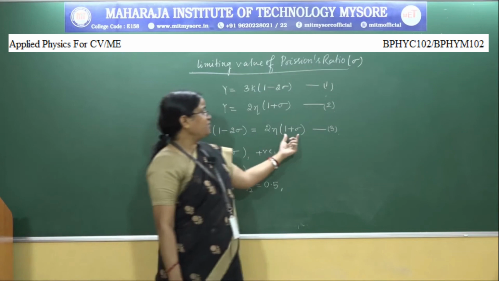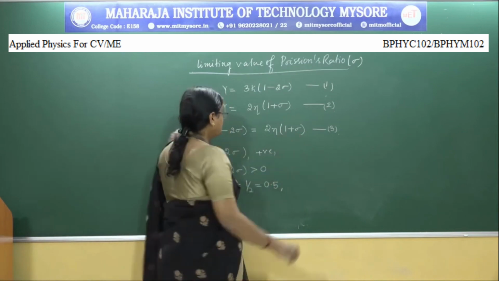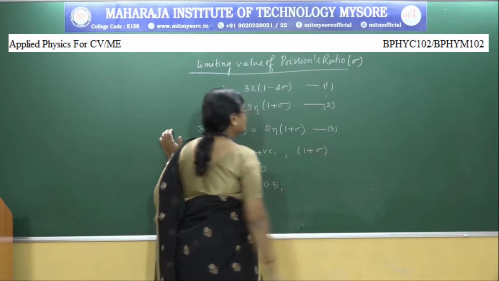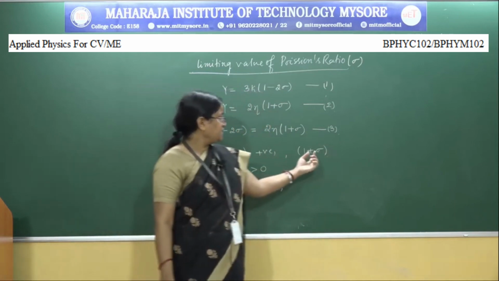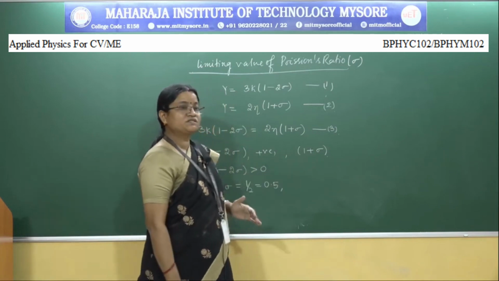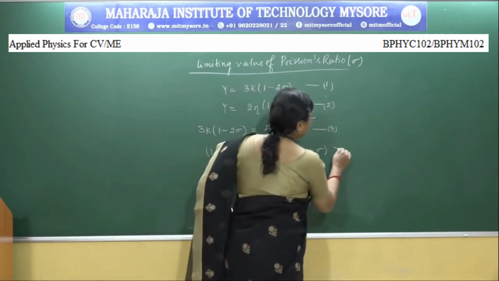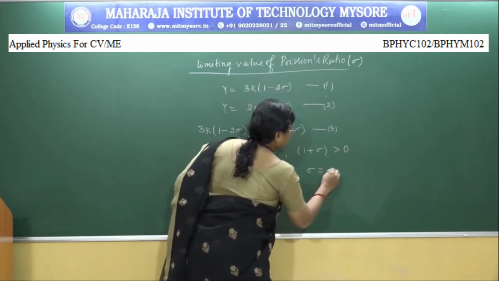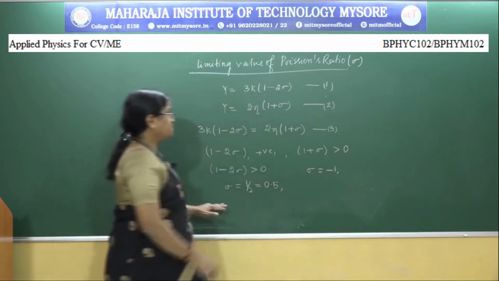Now, if we take 1 plus sigma, it also has to be positive, so it must be greater than 0, and this says that sigma is greater than minus 1.